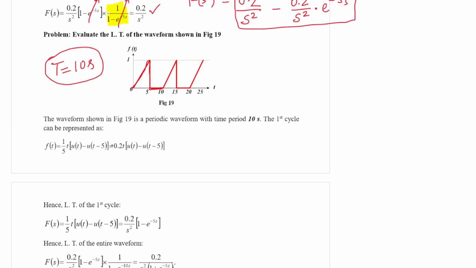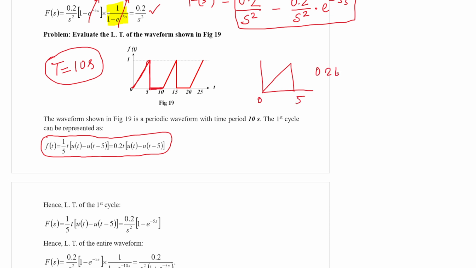Similarly, the function is the same. Just like we have already evaluated this part, 0 to 5, it is 0.2t, then you must multiply by the function u(t minus 5).